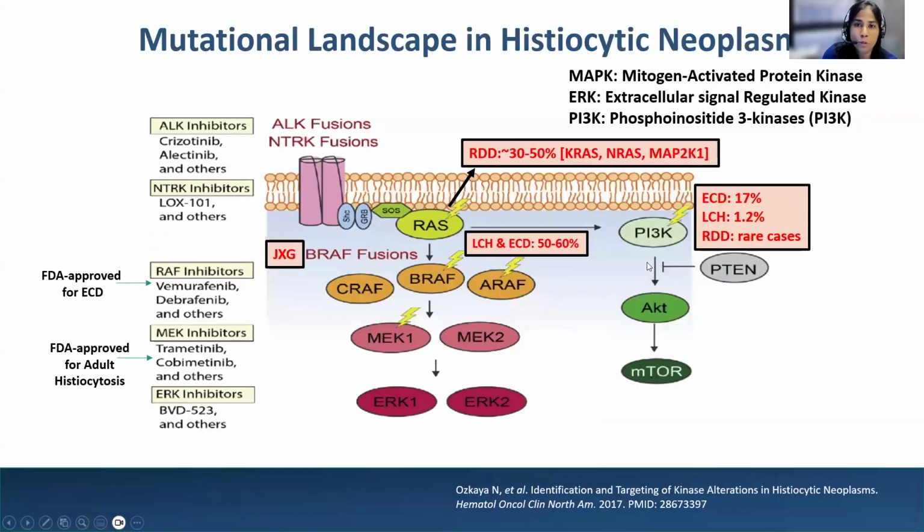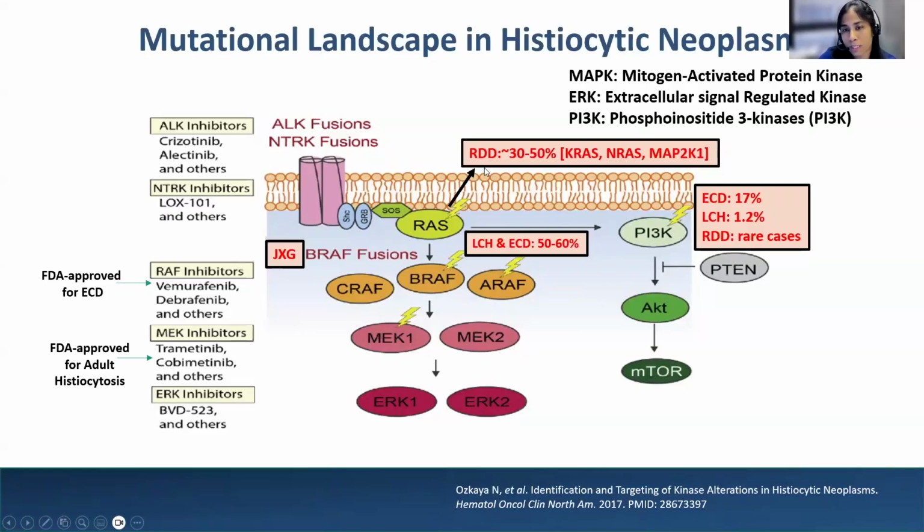So talking about the mutational landscape in histiocytosis, over the past decade, we've known that the most common pathway involved in the pathogenesis of these histiocytic neoplasms is the mitogen-activated protein kinase, abbreviated as MAPK pathway. The most common mutation in Langerhans cell histiocytosis and Erdheim-Chester disease is the BRAF V600E mutation, followed by other KRAS and NRAS mutations.